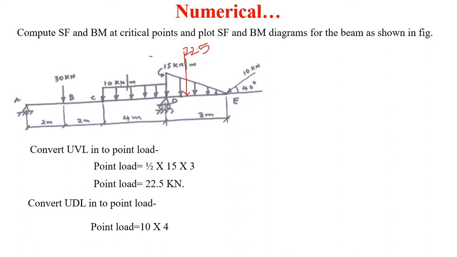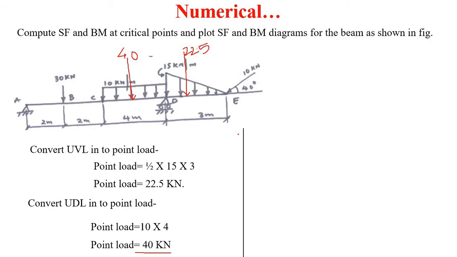So 10 kilonewton into 4 becomes 40 kilonewton, and this will act at the center of this beam.